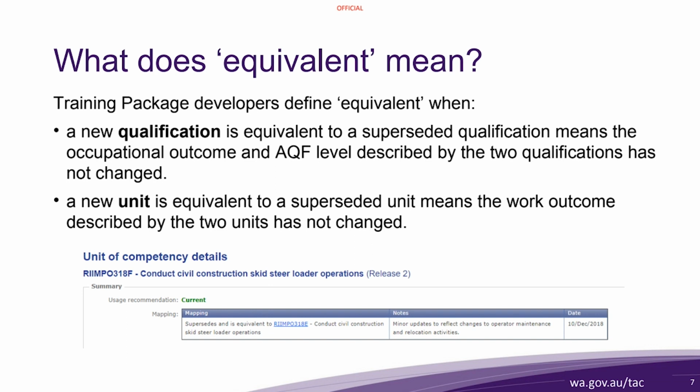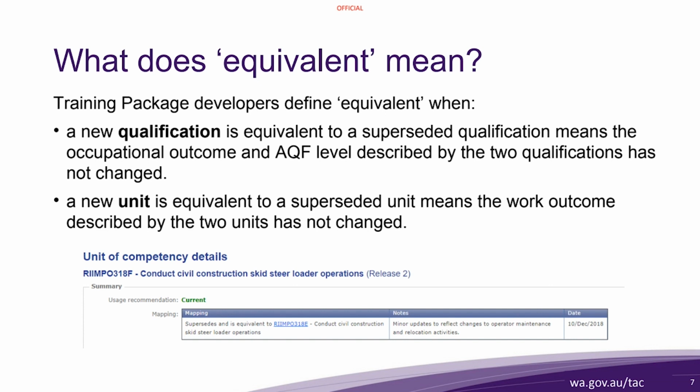They also have to declare for each unit of competency whether the previous version is judged or deemed to be equivalent to the new version. And so a new unit of competency is judged to be equivalent to a superseded unit of competency, or perhaps it's more proper to say the superseded unit is declared to be equivalent to the new unit if the work outcome described by the two units has not changed.